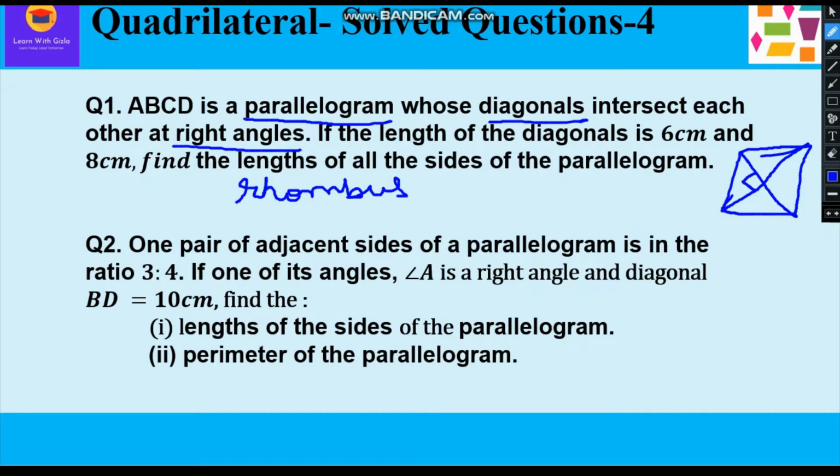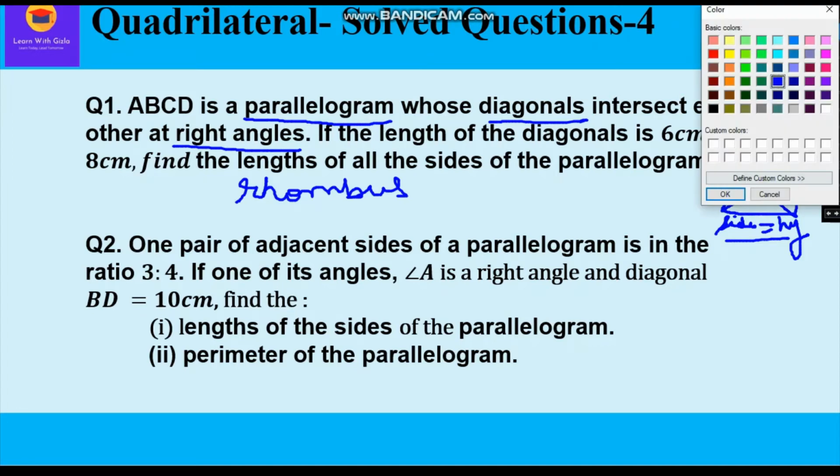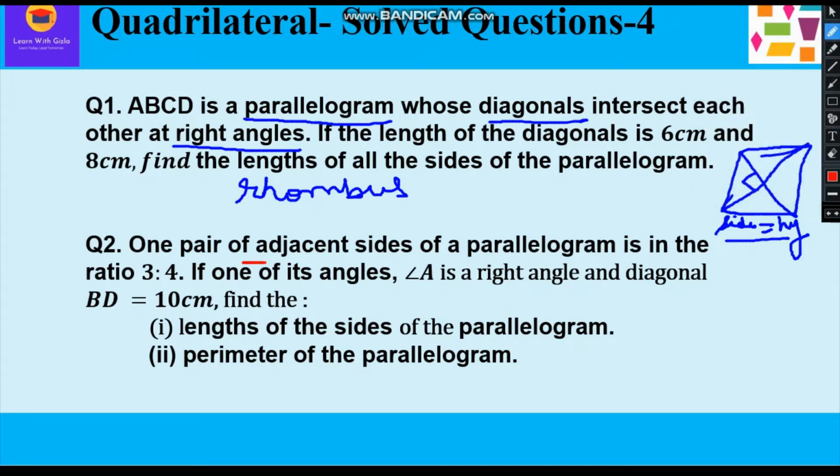Now, when the diagonals intersect each other at right angles in a rhombus, it forms four right angle triangles. And we shall apply the Pythagoras theorem to find the length of the sides, where the side will serve as a hypotenuse. In question number 2, we are given the ratio of adjacent sides of a parallelogram, that is 3:4, and one of its angles is right angle.